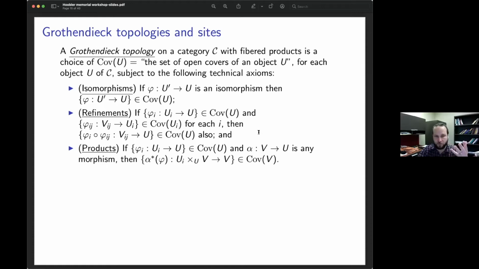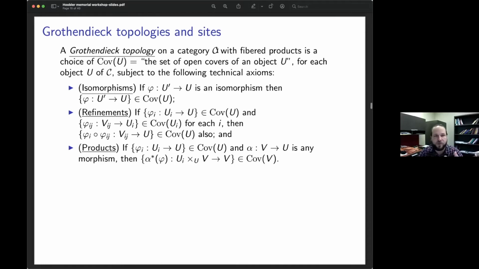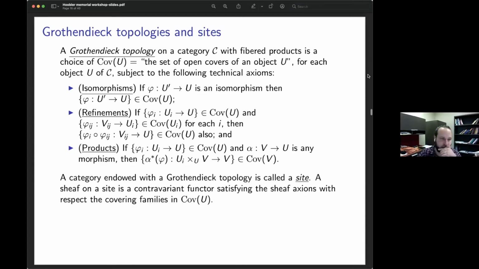Here are the axioms. They're difficult to see all at once on the page. If you haven't seen it before, please squint and stand really far away if you must. But this generalizes to this abstract setting the nice obvious facts that we know about open covers of open subsets. And then just a little bit of terminology that I'm going to keep using.